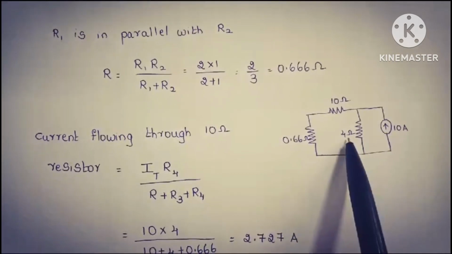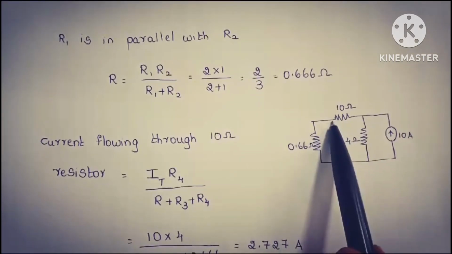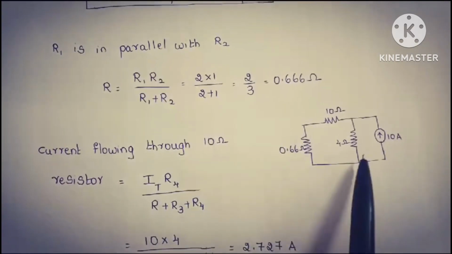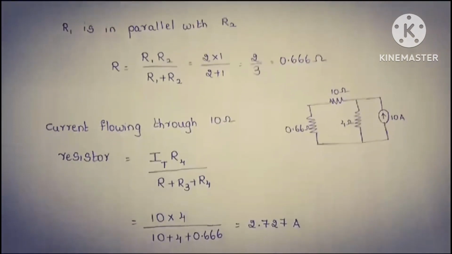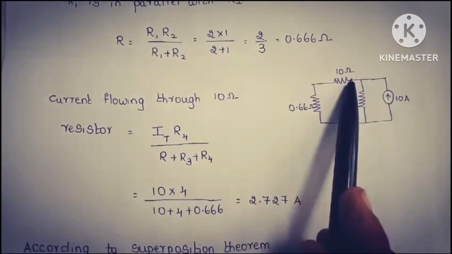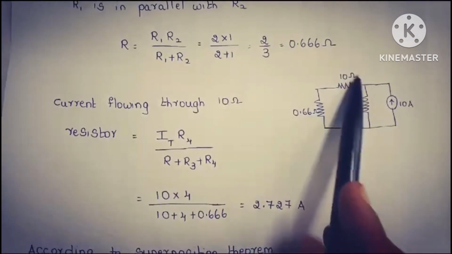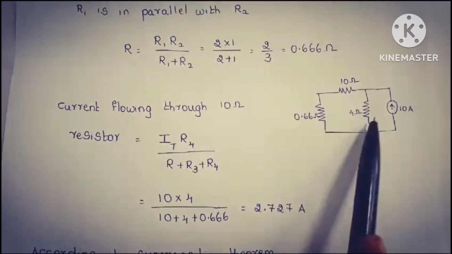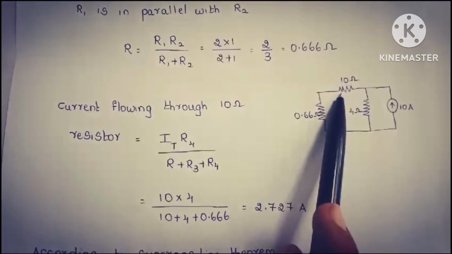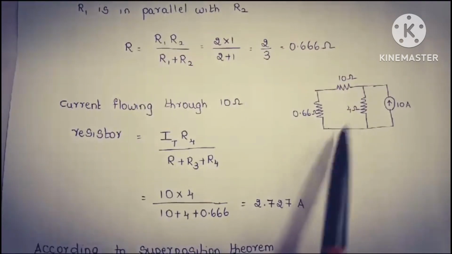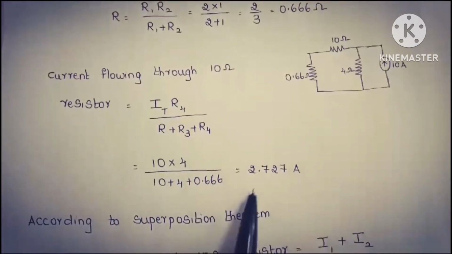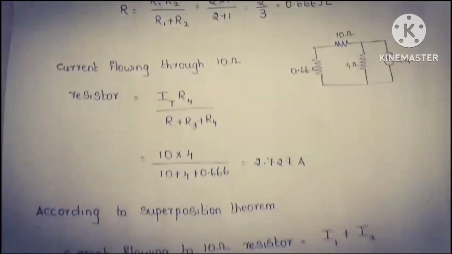According to the current division rule, the current flowing through the resistor is equal to the total current times the opposite resistance divided by the sum of the resistances. So here the total current is 10 and the opposite resistance to 10 ohms is 4. Therefore, 10 into 4 by the sum of the resistances, that is 10 plus 0.66 plus 4, which is equal to 2.727 amperes.